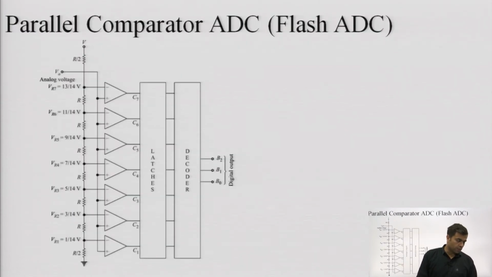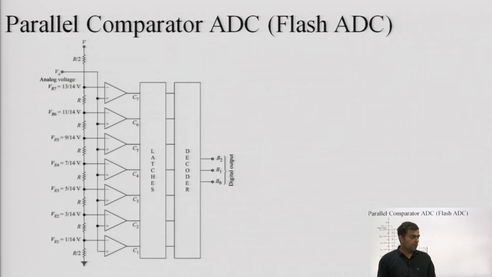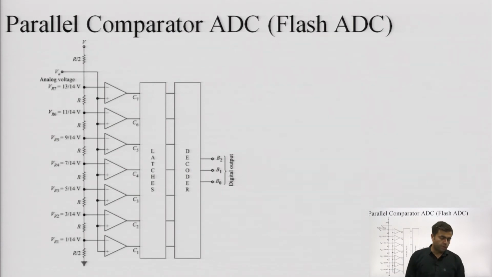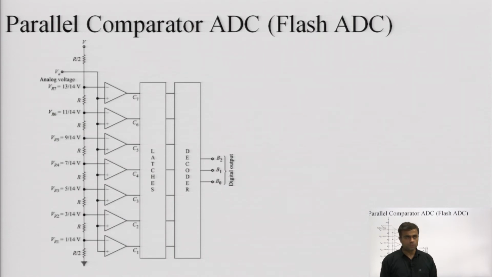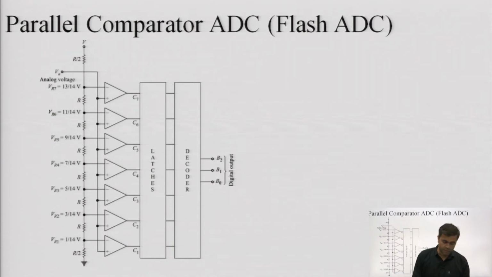Okay, so now let's proceed to the main circuit, which is a parallel comparator, or we can name it a flash type A to D converter. This is the arrangement.